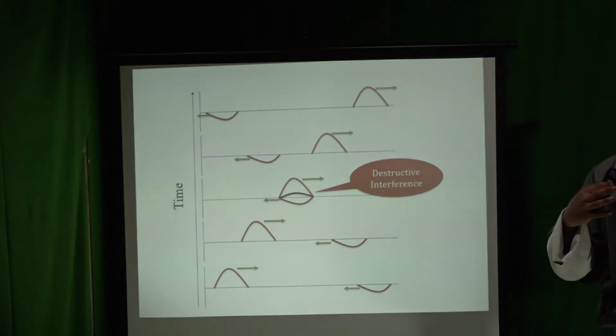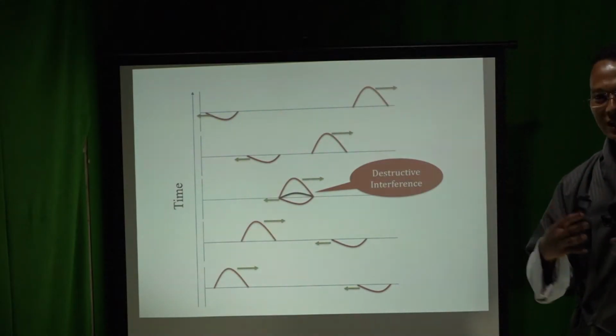And there we hear a soothing sound, not a very loud sound. And in this example, you need to know the two sound waves are coming from opposite directions. They try to superimpose together destructively, so the resultant amplitude becomes smaller than the individual amplitude.